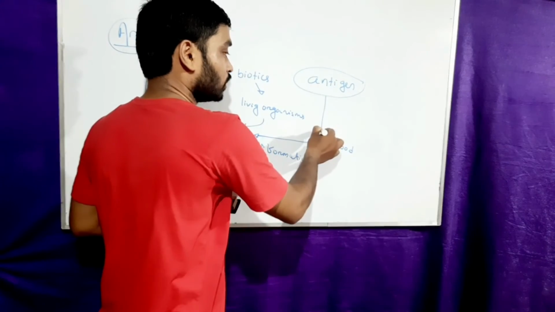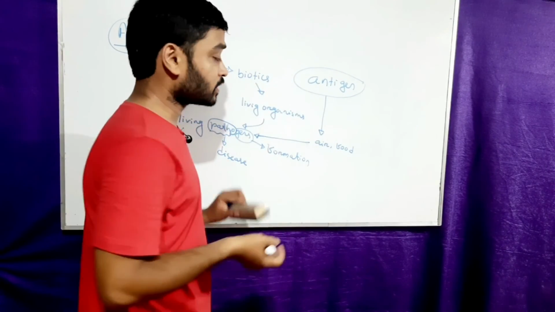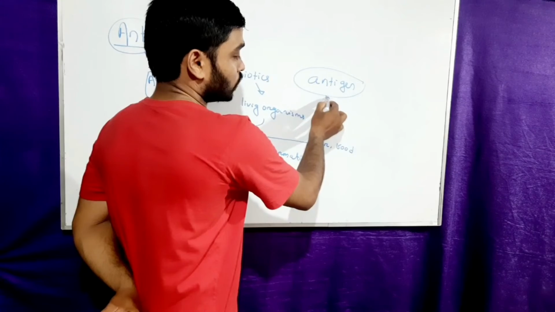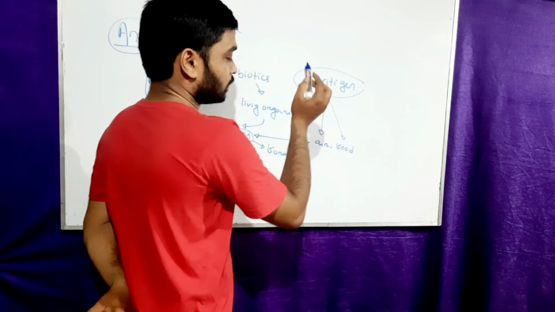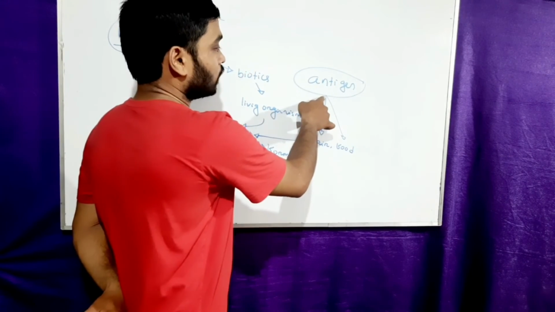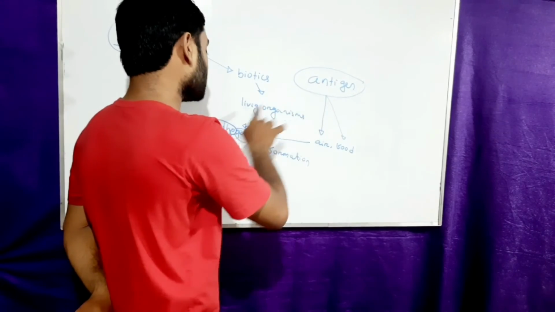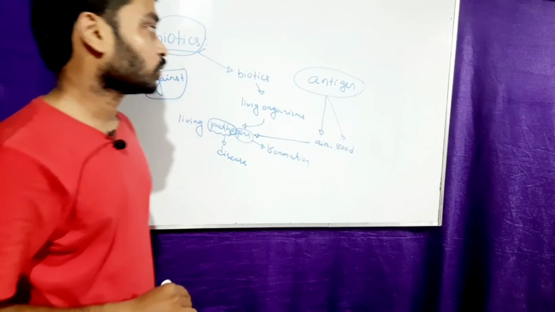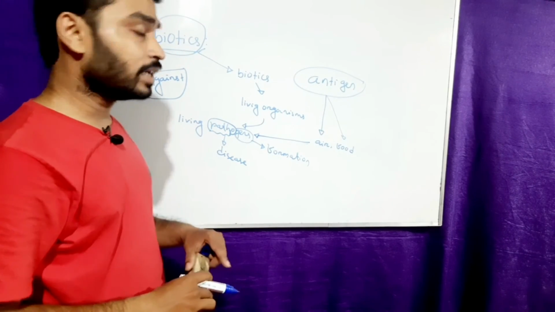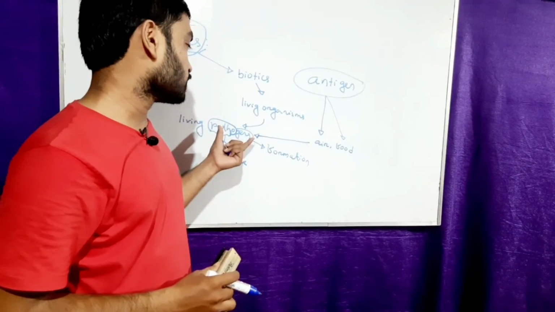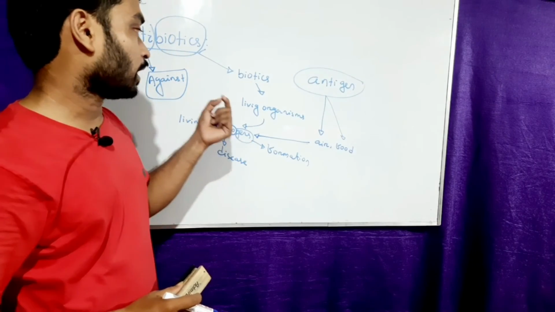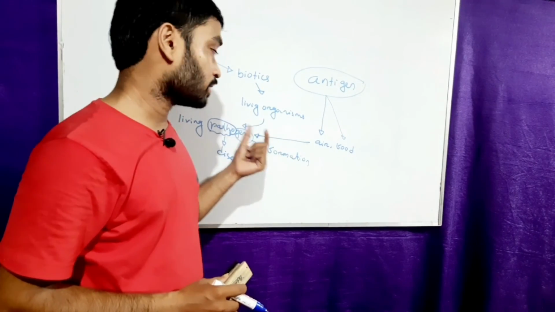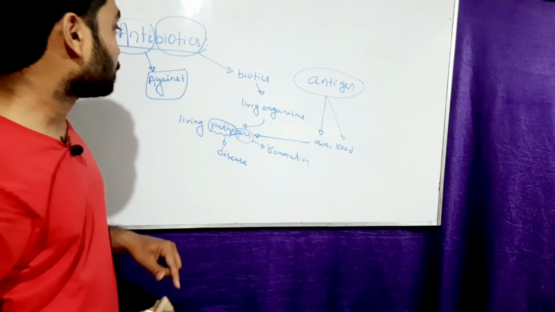Similarly, ingested foods can also behave as pathogens. So we can tell that antigens act as pathogens when they cause damage to the body. So antigens have the tendency to develop disease, and at that stage, when disease has developed, they are called pathogens.